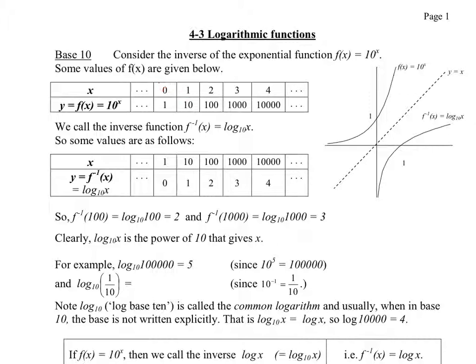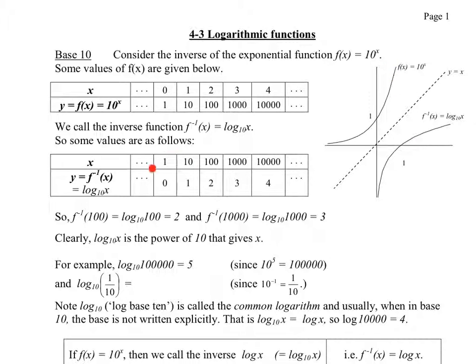So if the x values 0, 1, 2, 3, 4 give you 1, 10, 100, 1,000, 10,000, what we can do is swap the x and the y around to get this new table over here. The x values would be 1, 10, 100, 1,000, 10,000, and the y values would be 0, 1, 2, 3, 4. Now, if we graphed these values, 10 to the power of x, we would get this graph over here, y equals 10 to the power of x.